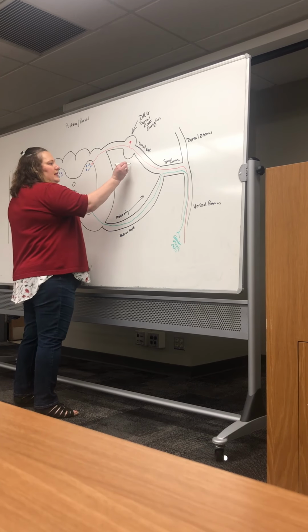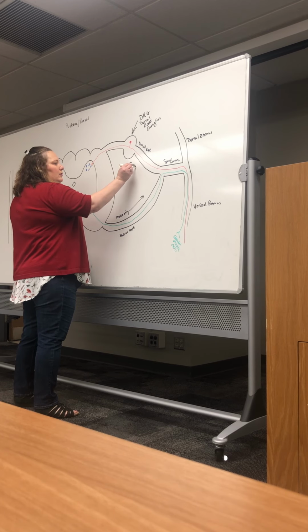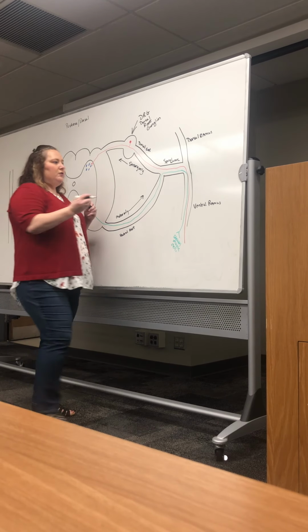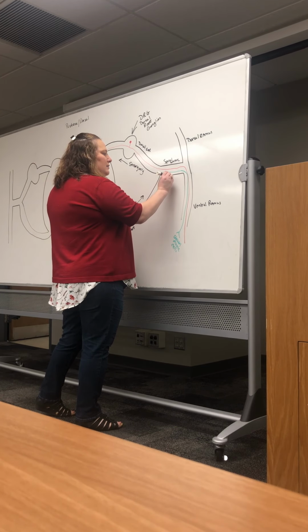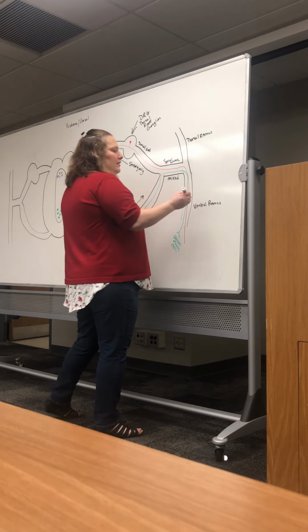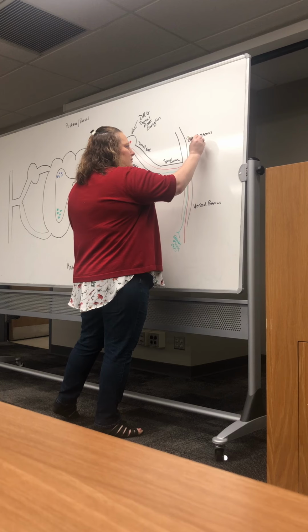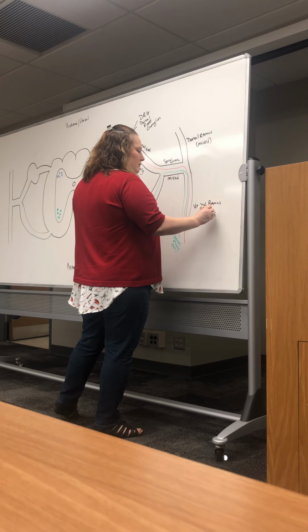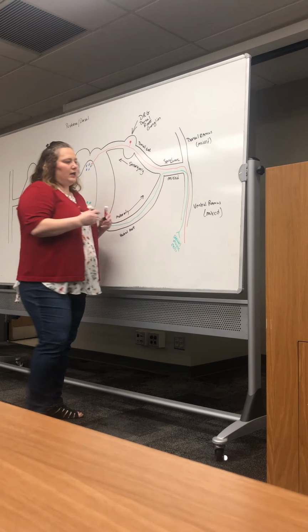Your dorsal root is sensory only. Information coming in. Spinal nerve, you now can see it is mixed. And what we'll see is the dorsal ramus and the ventral ramus are also mixed. And you can visualize that now.